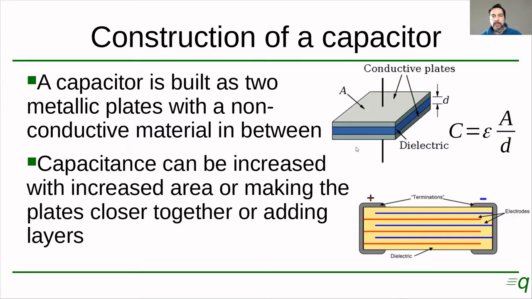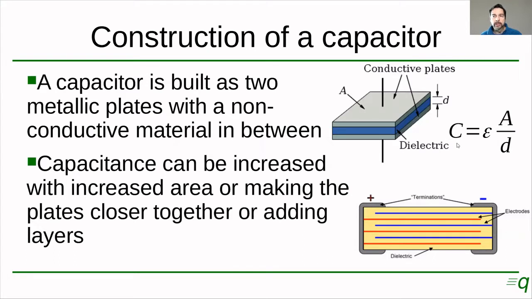When you build a capacitor like this, the capacitance is epsilon times the area, that's the surface of each of these plates, divided by d, which is the distance between the 2 plates. This epsilon is called the dielectric constant, and it is a function of the material. Depending on the material we use, we can have a higher or a lower epsilon.